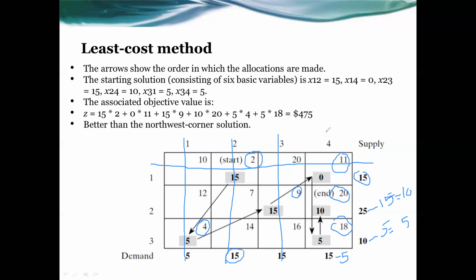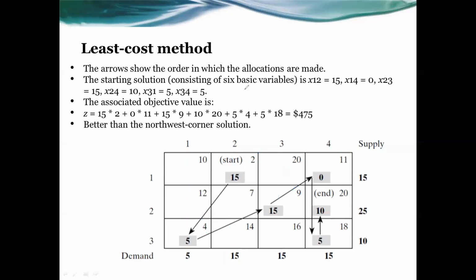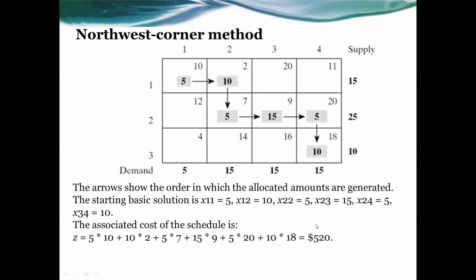Okay. Now that is the way you calculate the least cost method. Right, least cost method. Now, after making this route plan, you can calculate your transportation cost. Then you end up with $475. Right. So if you go back to your previous one, you can see that for the northwest corner method, your total transportation cost is $520.